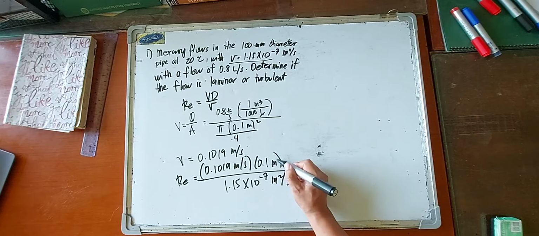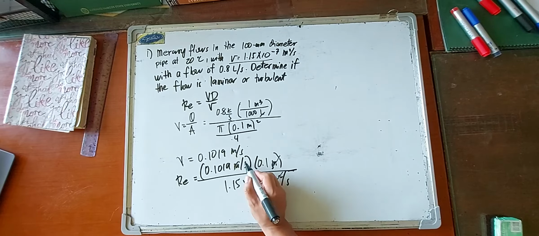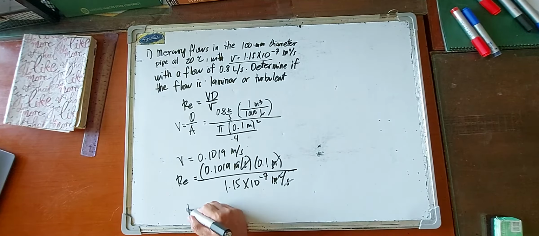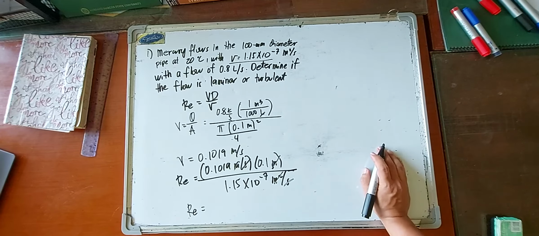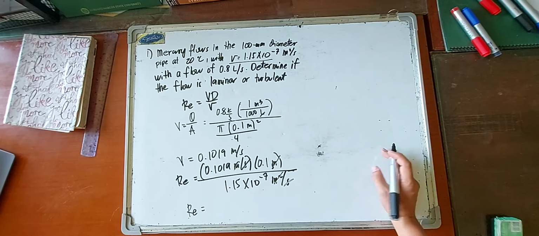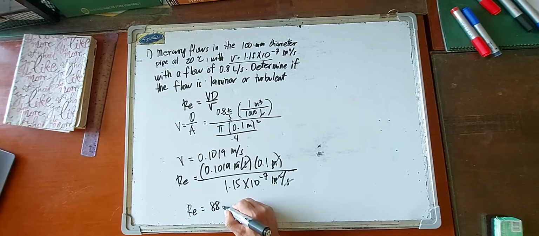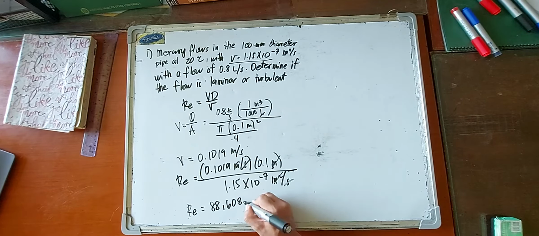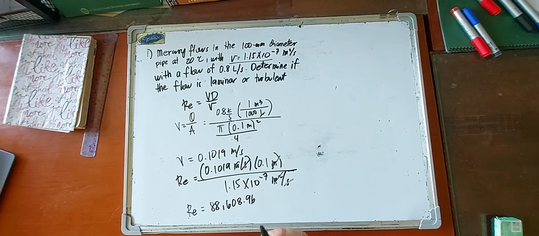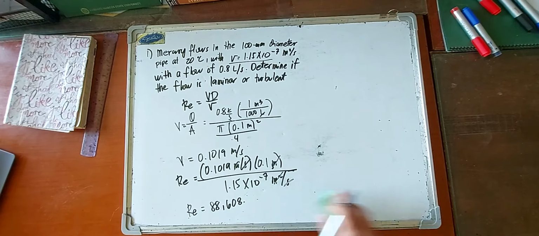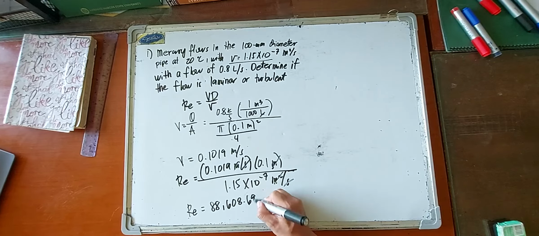So the square meters and seconds cancel, and we have a dimensionless value, which is equal to 88,608.96. No, sorry. It is 696.